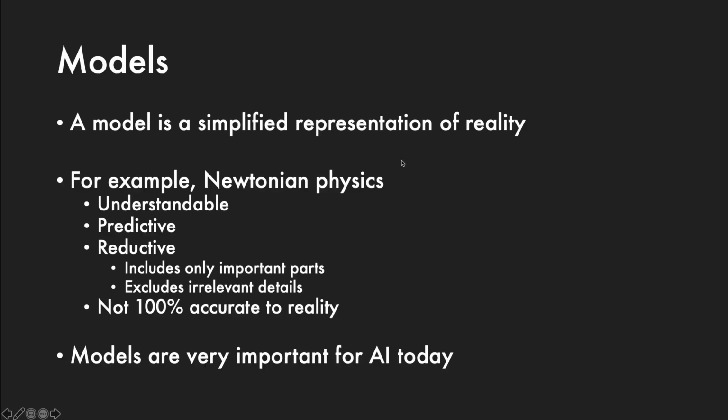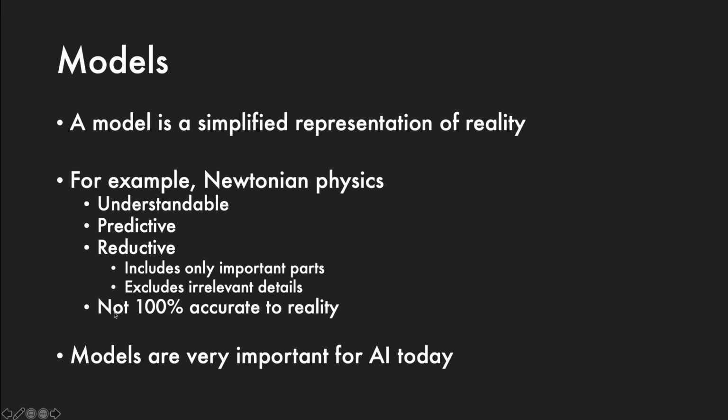So on to models. A model is a simplified representation of reality. So for example, Newtonian physics is a model. You probably learned it in high school. So it's relatively understandable, it's predictive, and importantly, it's reductive. So it includes the important parts and doesn't include a lot of irrelevant details, which makes it more understandable.